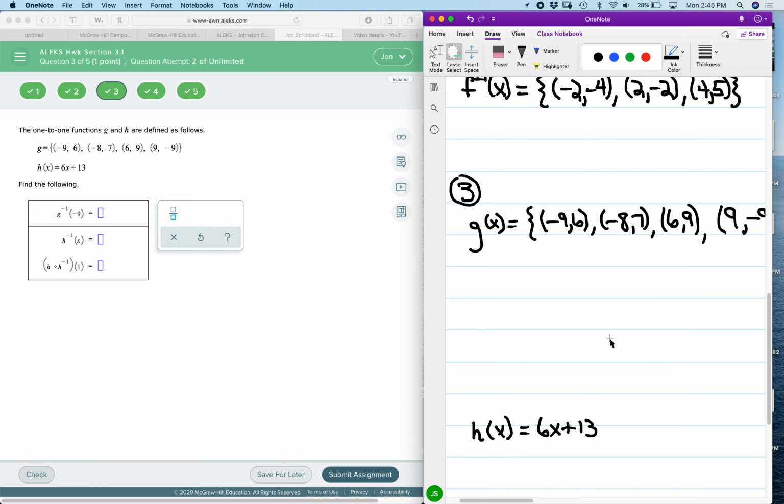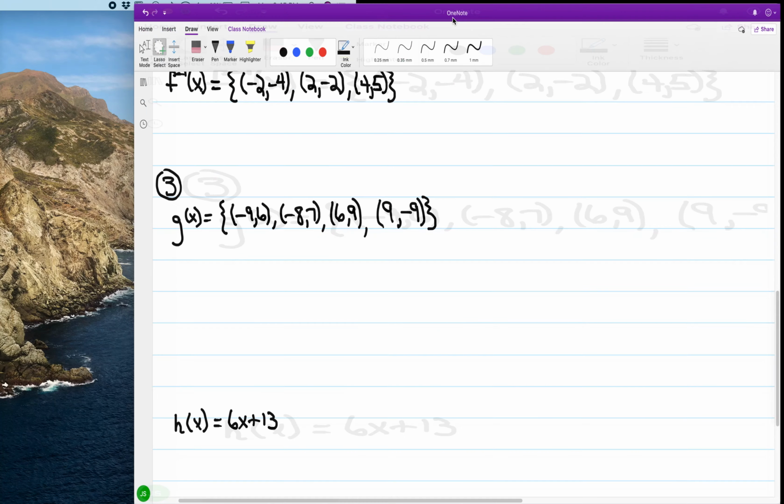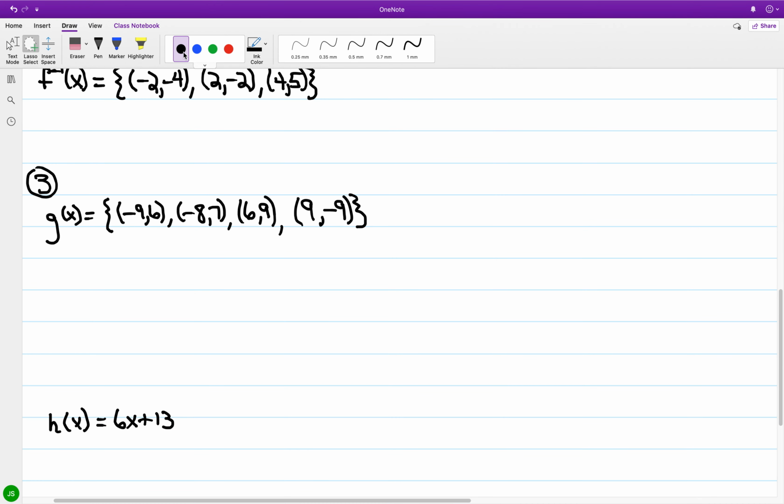For problem number 3, we have the corresponding one-to-one functions g and h, which are defined as follows. A one-to-one function is a function whose inverse is also a function. For the function g, we have the ordered pairs negative 9, 6; negative 8, 7; 6, 9; and 9, negative 9.